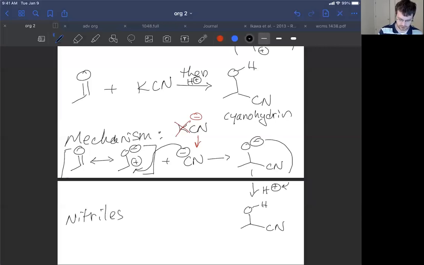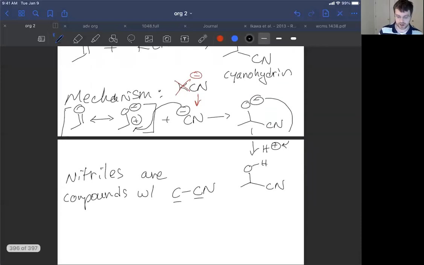Now, it's important to note that nitriles are compounds with a C-CN bond. It's not always the case, but for the most part, these things are not toxic. But anyway, you'll hear this term quite a bit, nitriles, in the context of cyanide chemistry.